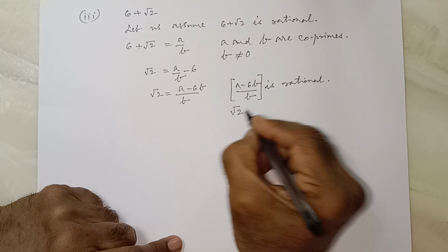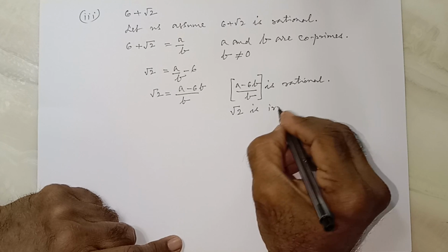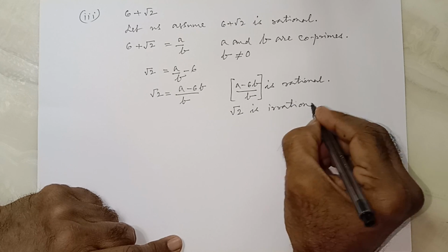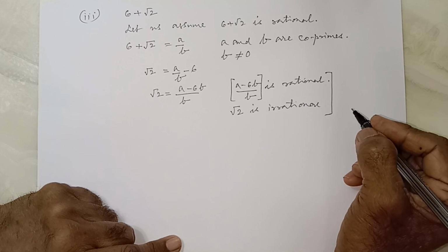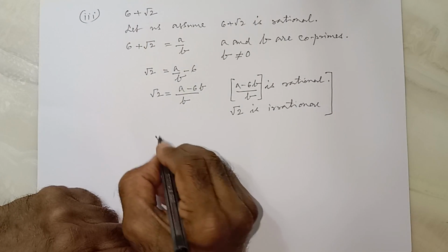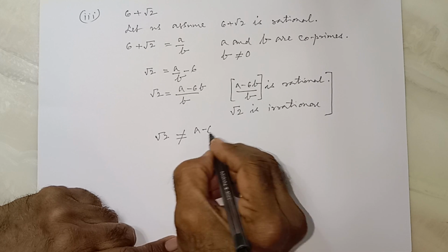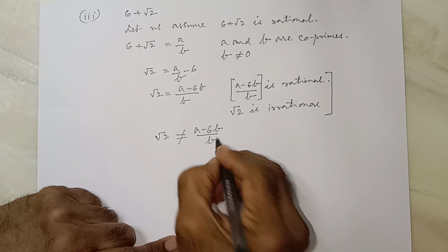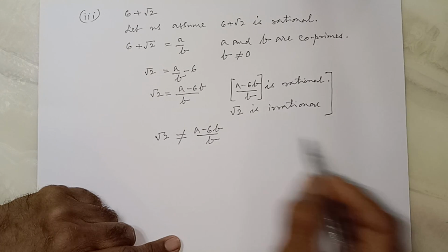Also, root 2, we have already done it, root 2 is irrational. Now, these are the conditions that help us to prove that this number is irrational, because root 2 cannot be equal to a minus 6b by b, which is rational, while the other one is irrational.